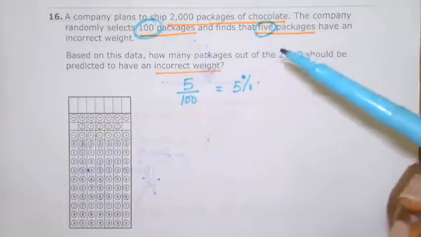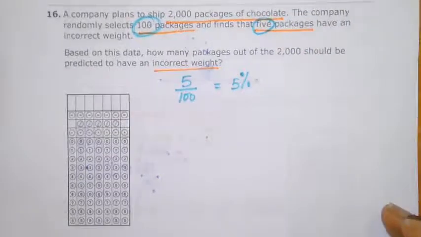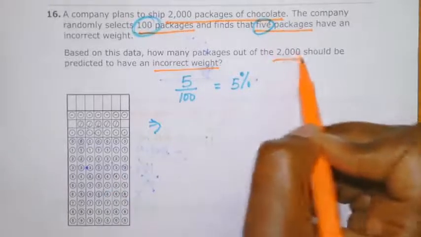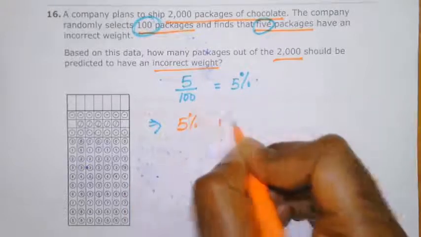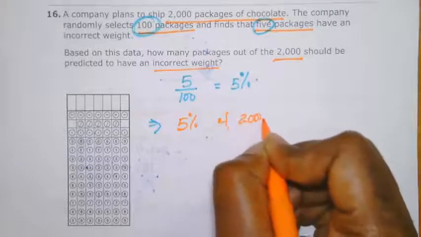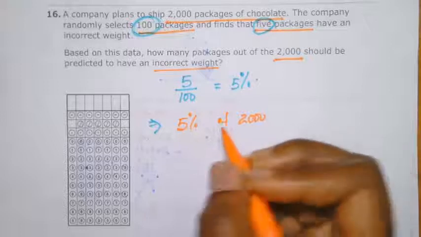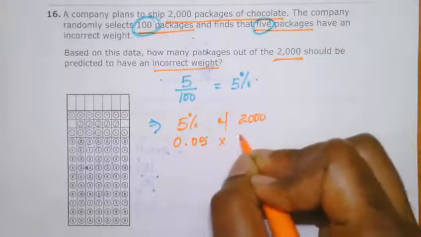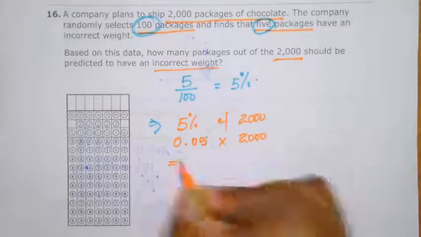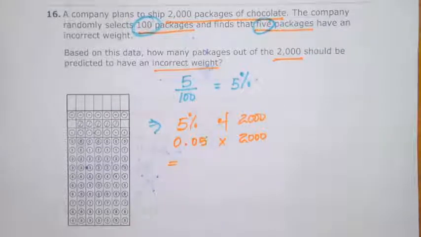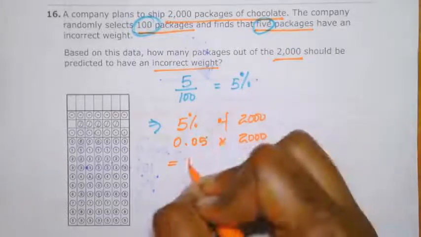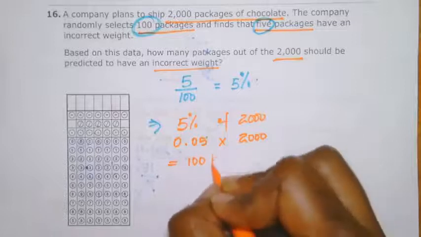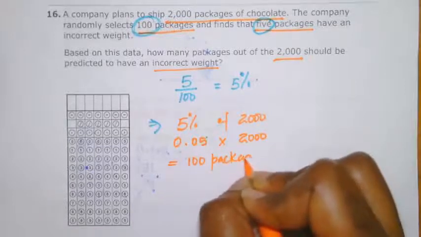So therefore, we need to find 5% of 2,000. 5% as a decimal would be 0.05 times 2,000, which gives us 100. So that means 100 packages would have incorrect weight according to this question.